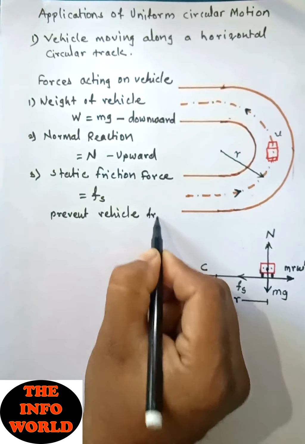So this force balances the centrifugal force. Static friction force balances the centrifugal force. Overturning means this vehicle will not move along this radius. So instead of it, it will move away, or it will cross the road and move away in this direction. This is called overturning.